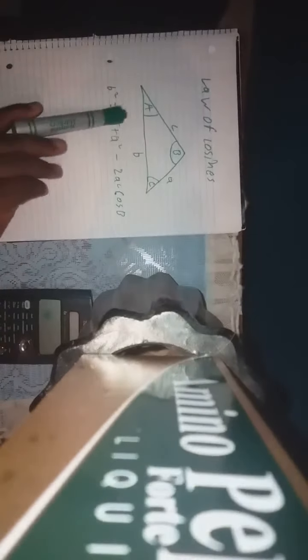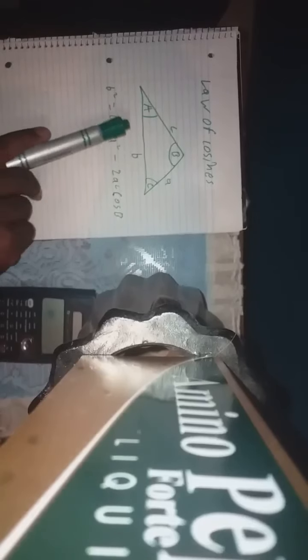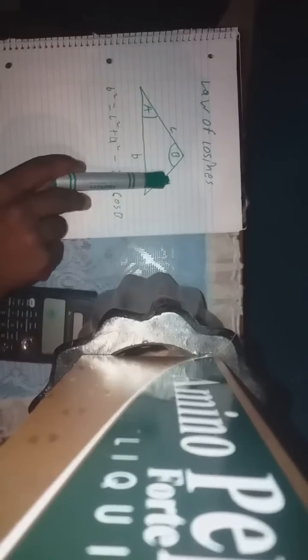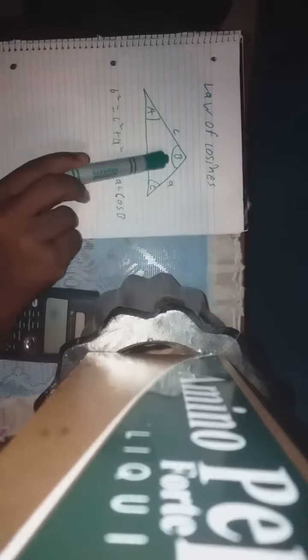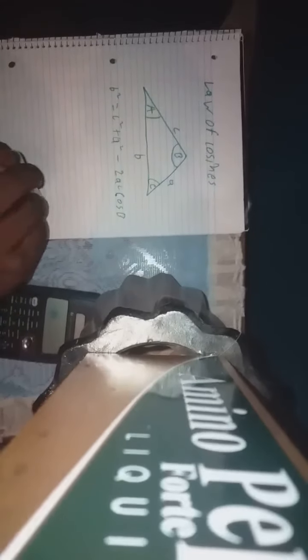Now, the law of cosine is a bit more complex. Now here again I have a triangle ABC, sides abc. Now for this one, in order to solve, you'll need to have two sides and the angle that comes between, and you would normally be solving for the side opposite to that angle, or you can have the three sides and be solving for the angle itself.